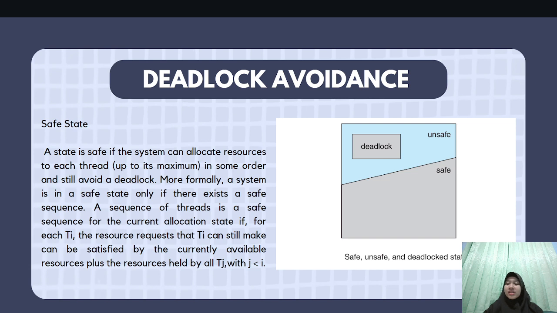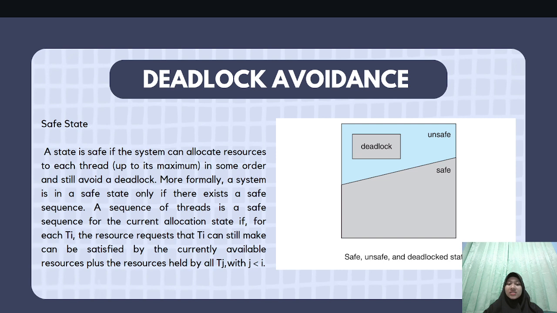Okay, the next one talks about safe state. A state is safe if the system can allocate resources to each thread up to its maximum in some order and still avoid a deadlock. More formally, a system is in a safe state only if there exists a safe sequence.